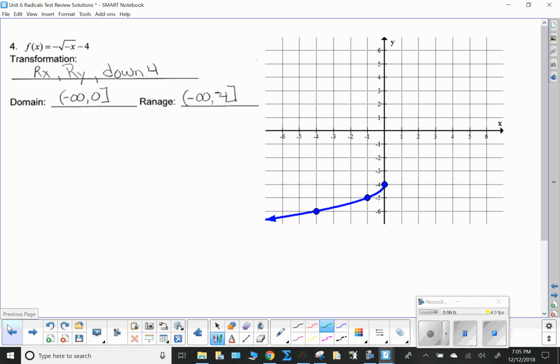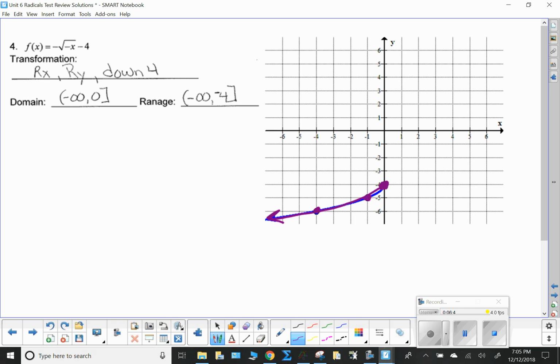Finally, the fourth one, this is another radical. So if we take a look at this, I put my starting point here. It's reflected over the x, reflected over the y, and down 4. First things first, I just move my starting point down 4. Now, instead of going right and up, I'm going to go left and down. So I'm going to go left 1, down 1, left 4, down 2.